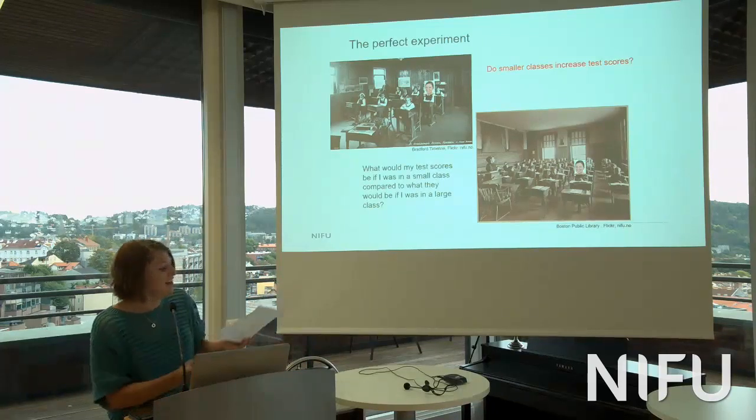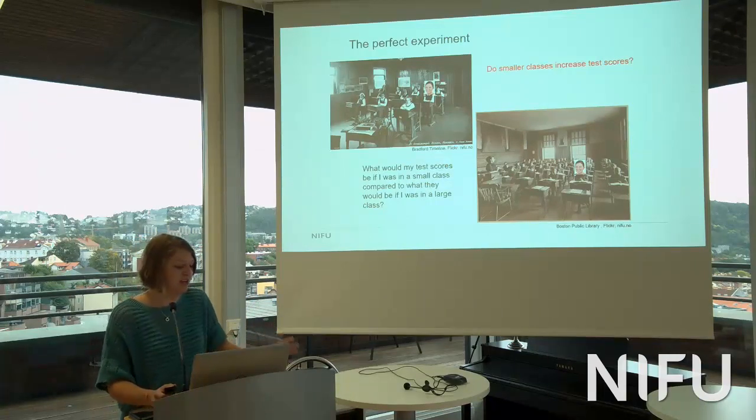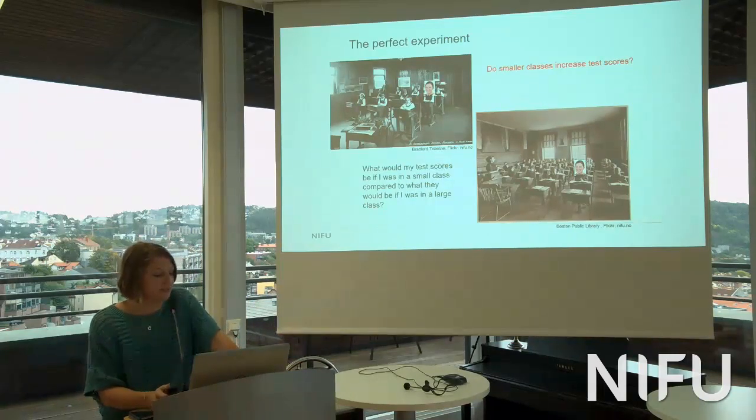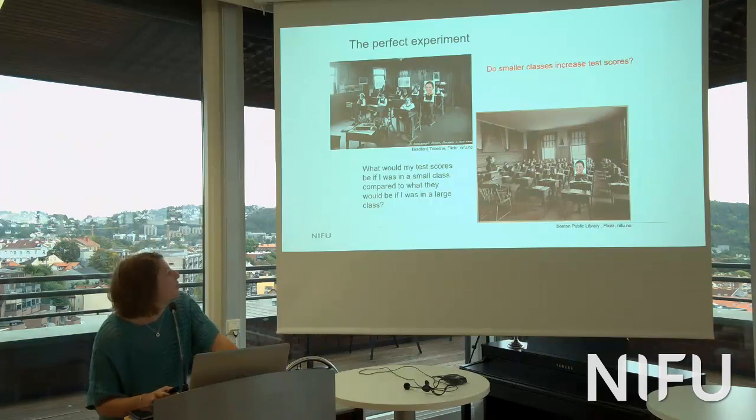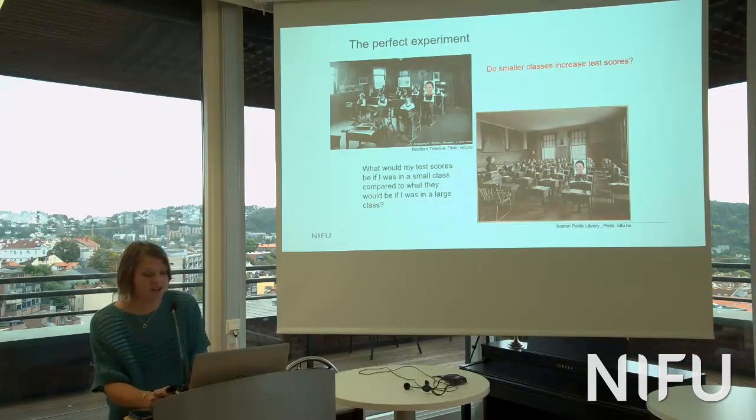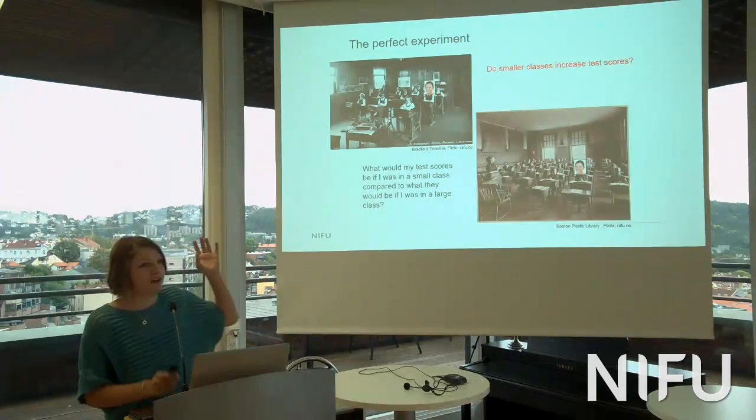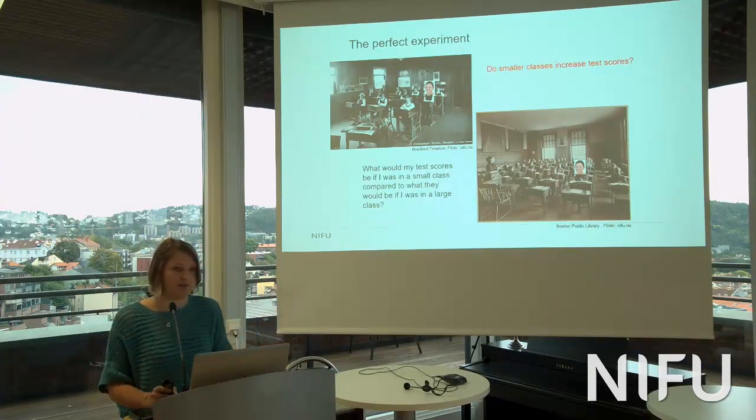So how can we give a good recommendation to policymakers, and how can we know that the change we see in the outcomes is caused by the policy? Well, in searching for causality, we like to imagine the perfect experiment. And what would the perfect experiment be?